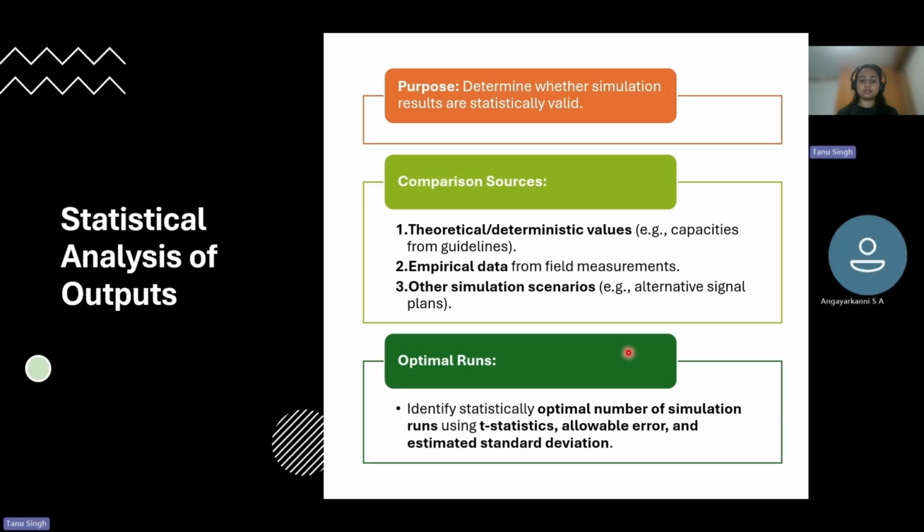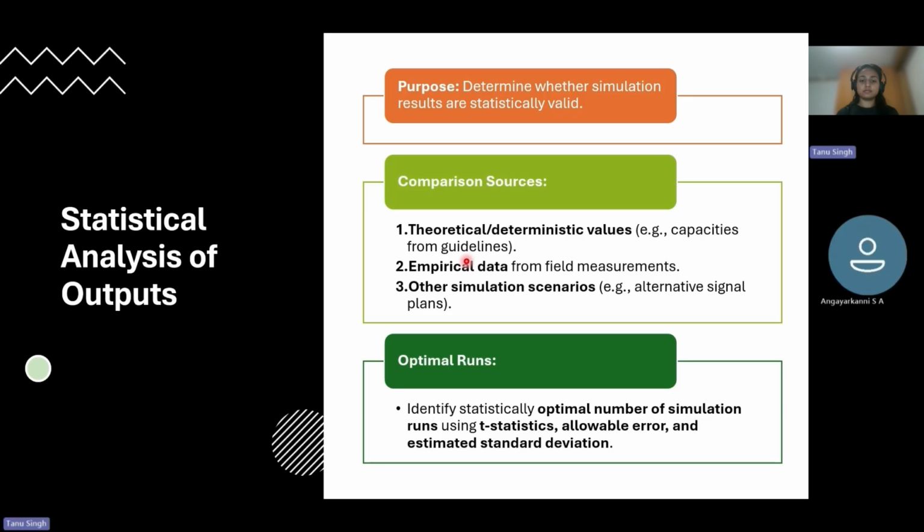So it has three sources. First is theoretical or deterministic values, where values like capacities from manual guidelines are checked. Then the empirical field data collected on sites, and the output from other simulated scenarios.